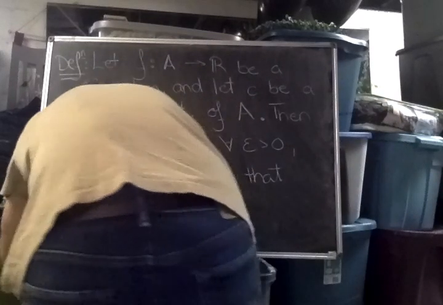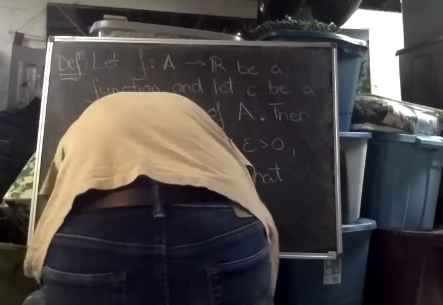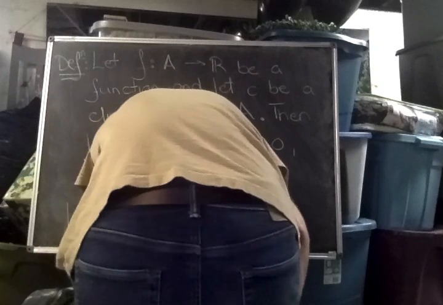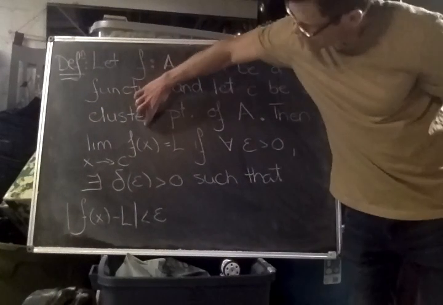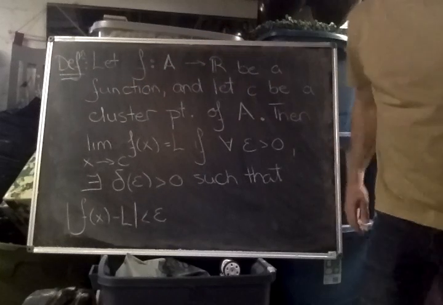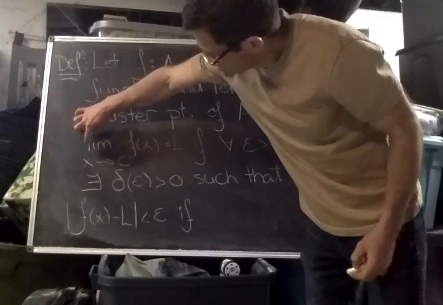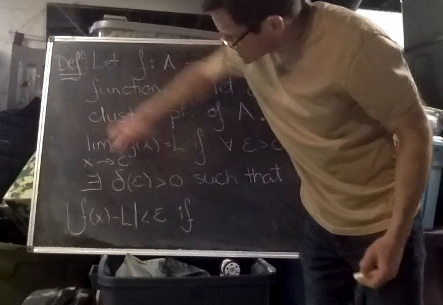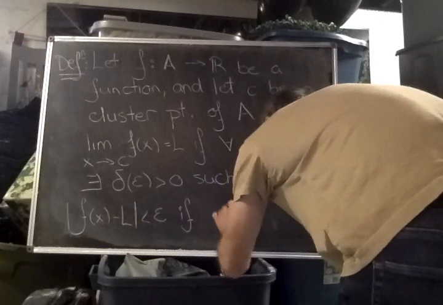the distance from f of x to L is less than epsilon, so that's what we want. We want f of x to be very, very close to L if x is very, very close to c, and the sense in which it will be very close to c is as follows.